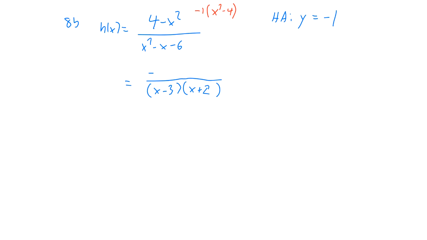So I can write this as negative (x minus 2) times (x plus 2). Now from this, I can see that there's going to be a hole at x = -2. So this is a removable discontinuity.